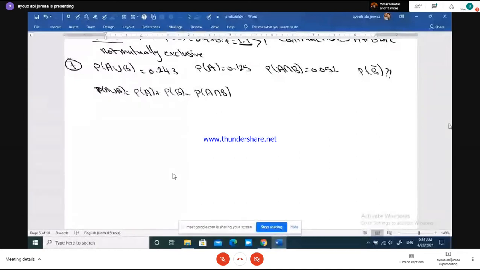Replace the given values, Khaled. PA is 0.125, and PB is 0.52. So the union is 0.243. Probability of A, 0.125, plus probability of B that we have to find, minus the intersection, is 0.052. Then what will be the value of probability of B?